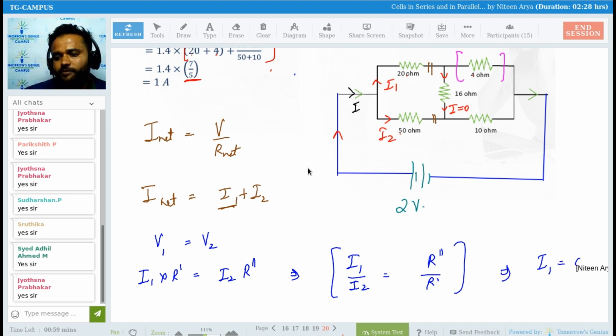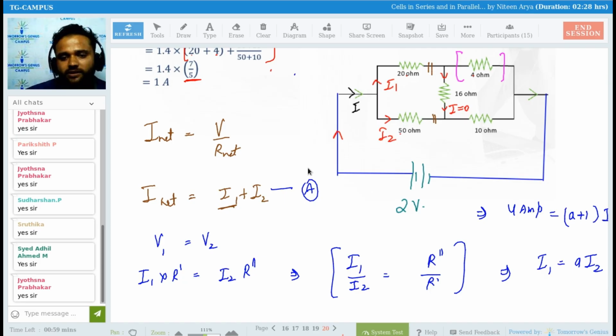Suppose I1 becomes A times I2, then use this relation, equation A. So I total, suppose you get 4 ampere. I'm just giving you an example. So then A plus 1 of I1. Okay, using this and then using this condition B, you can get I1.